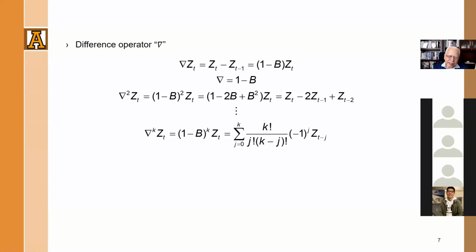So I take Z_t and subtract Z_{t-1}. The difference operator is essentially 1 minus B, right? When I apply 1 minus B to Z_t, I get Z_t minus Z_{t-1}.